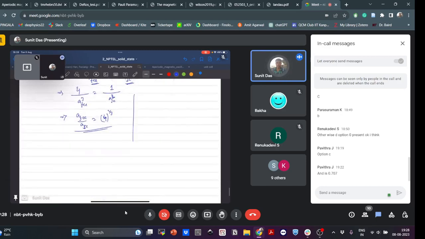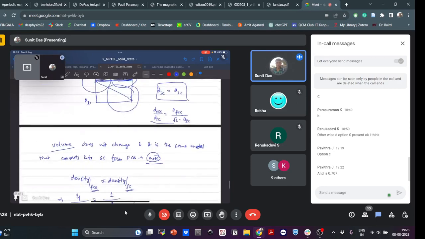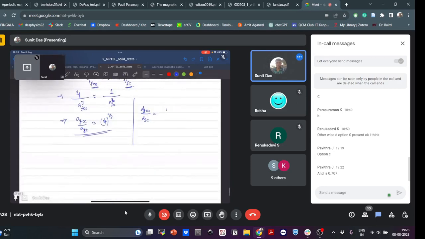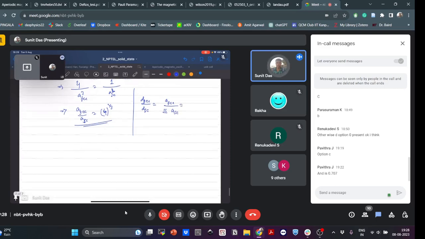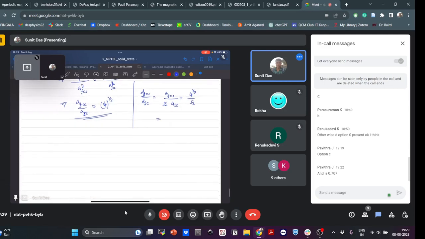So finally d_FCC by d_simple cubic equal to a_FCC by root 2 a_simple cubic. a_FCC by a_simple cubic is 4 to the power 1 by 3 by root 2. So it will be that.